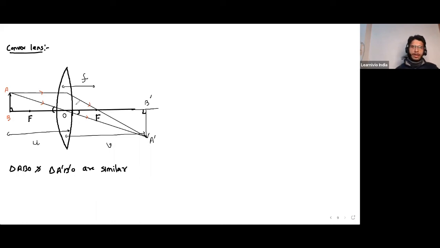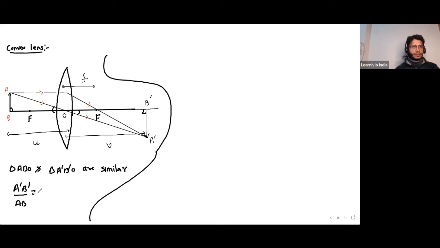So in a triangle, two angles are equal, that means third angles are also equal. So they are similar. If they are similar, the ratio of the sides are equal. A prime B prime divided by AB is OB prime divided by OB. That's my first equation.